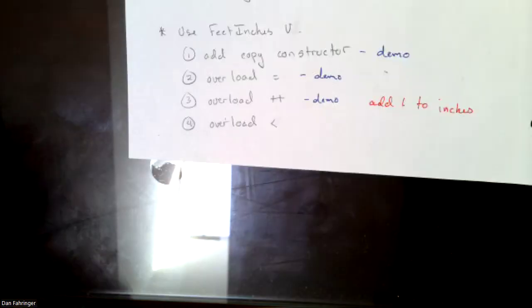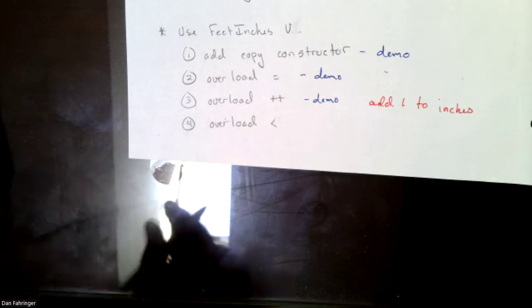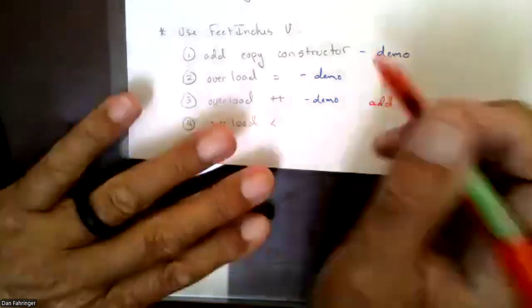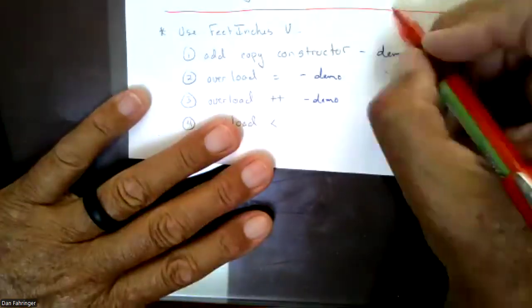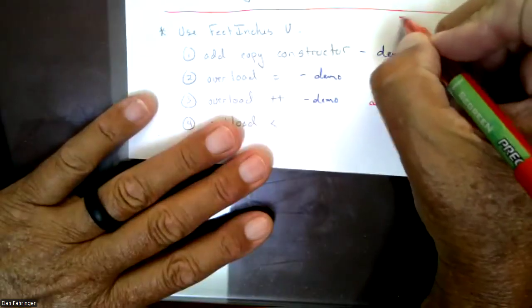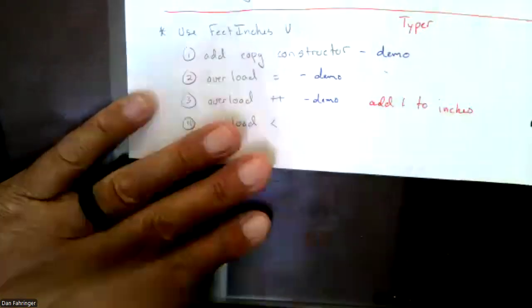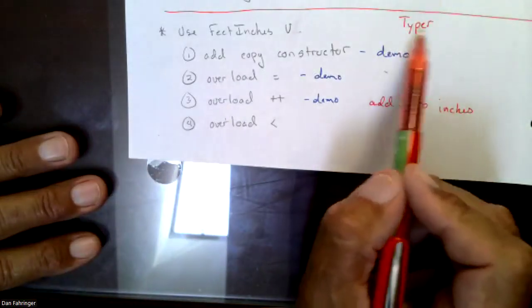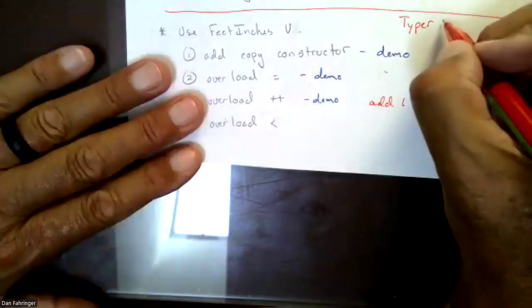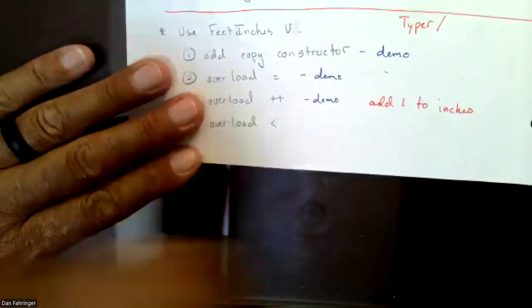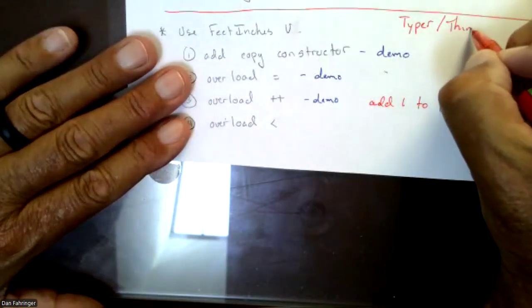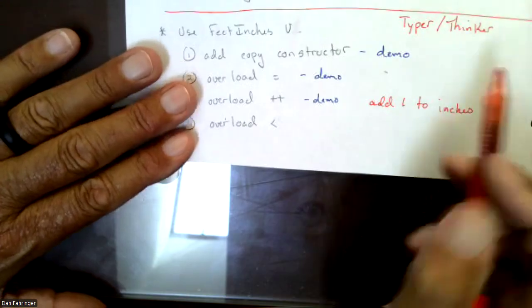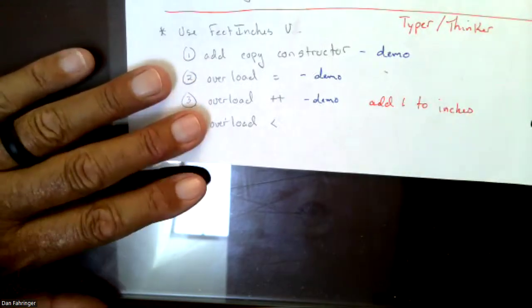We talked about this yesterday. I'm trying to get people to start to think a certain way. When you go in that group, you have a typer. That's all they're doing is typing. One person should be the typer. One person should be the thinker, sitting there watching, coming up with ideas, telling the typer they typed something wrong.